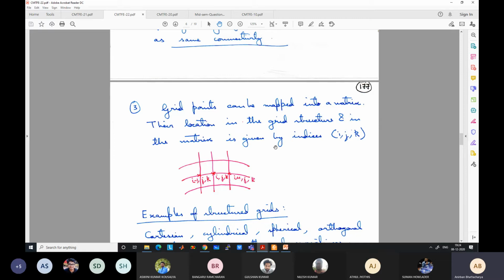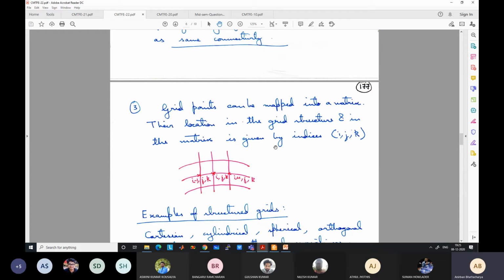If I have 100 divisions along X and 100 divisions along Y, my matrix will be a 100 by 100 matrix. There will be 10,000 points where I goes from 1 to 100 and J goes from 1 to 100. Each variable, for example temperature or velocity, can be stored in a 100 by 100 matrix.